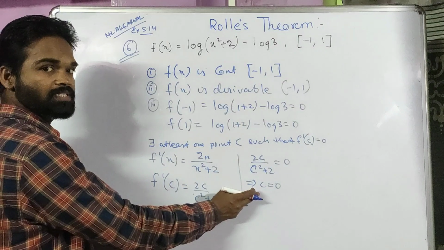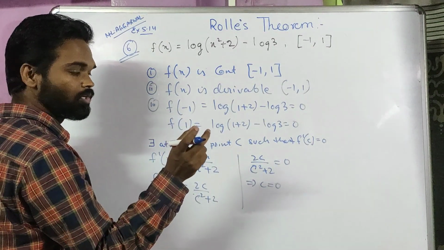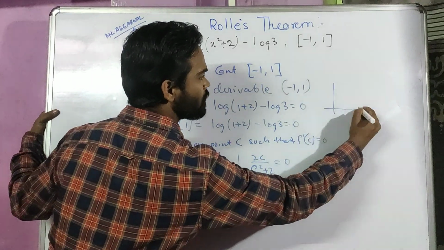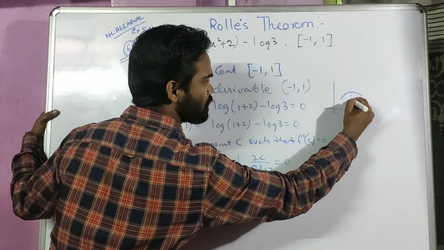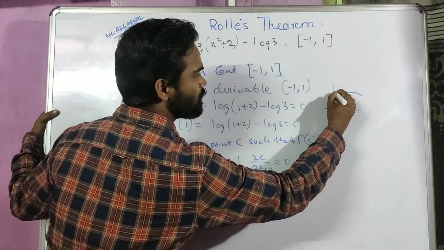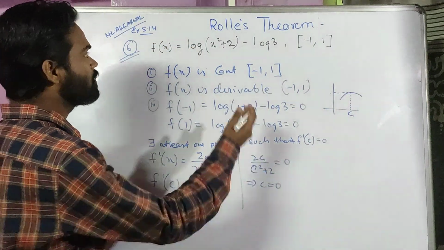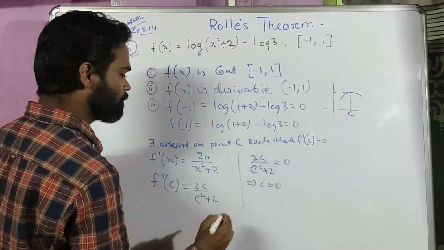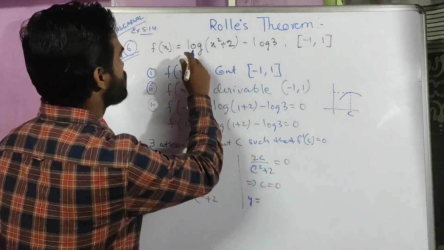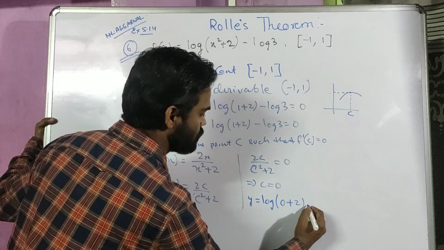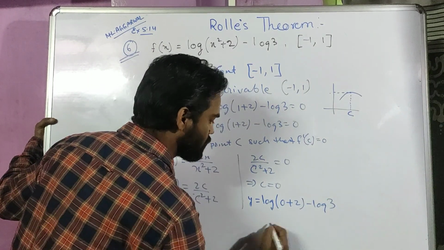We got the value of c. We need to find the coordinate, okay? Suppose the curve was this, this is your c. We need the corresponding value of y also, the y coordinate. Just put the value of c over here. So y will be what? Log of 0 plus 2, minus log 3.